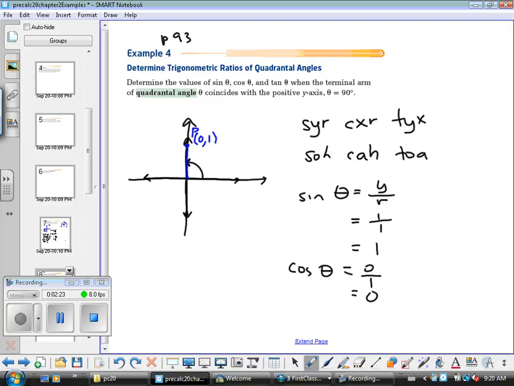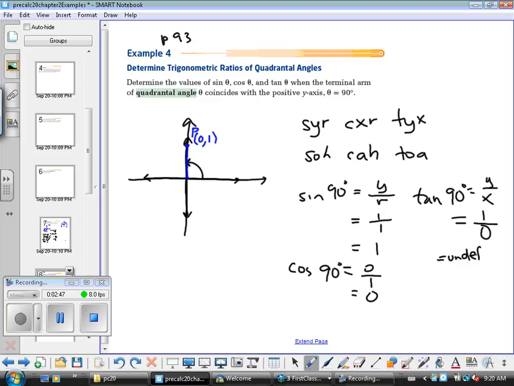I shouldn't be calling it theta, we know what it is, it's 90 degrees. And tan of a 90-degree angle equals y over x, which is 1 over 0, because we have an x coordinate of 0, and so that's going to be undefined.